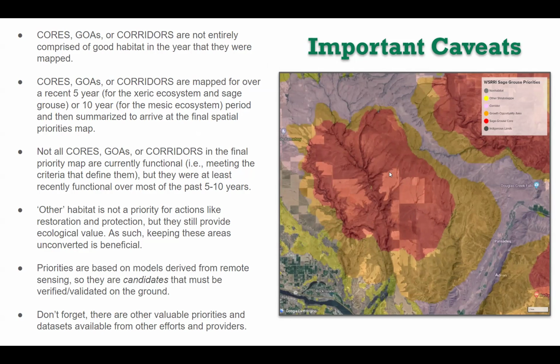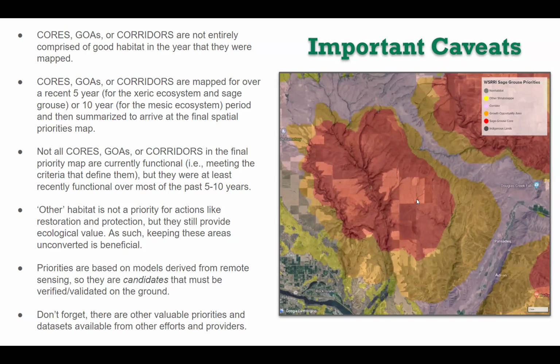I said this a minute ago, the cores and the growth opportunity areas represent the recent 5 or 10 years, depending on the species or ecosystem. So it's kind of the average, or actually the mode of the priorities for each of the last 5 or 10 years. It's looking at the aggregate behavior across time.